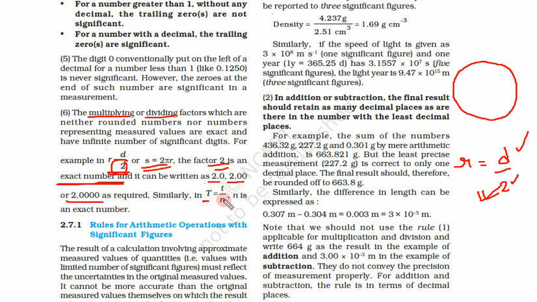Similarly, time period is time divided by the number of oscillations, so here n is an exact number. Suppose we are measuring the time period of an oscillator. It takes 18 seconds for 20 oscillations. T is equal to 18 seconds divided by 20.